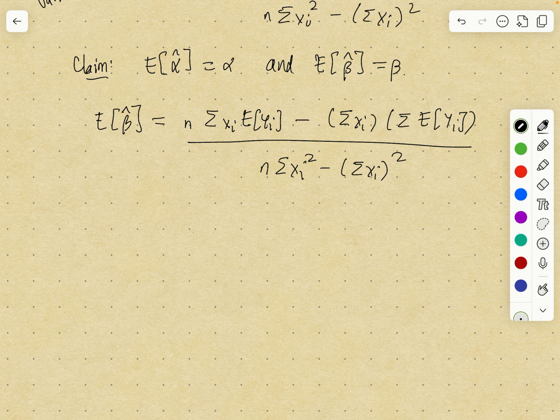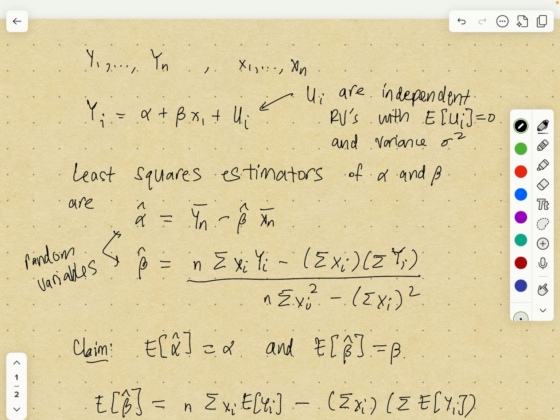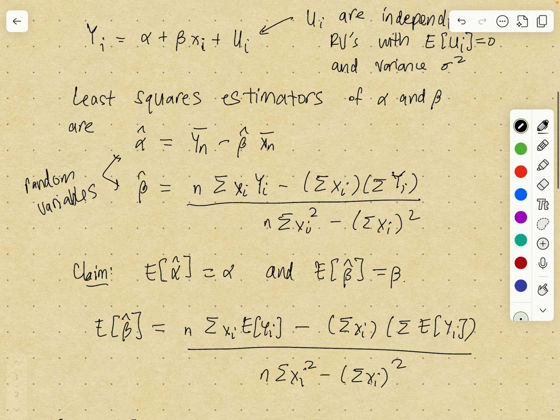Well, the expectation of yi is equal to alpha plus beta times xi. That's because when you take the expectation of yi, you get alpha plus beta times xi, plus the expectation of ui, but ui has expectation 0.